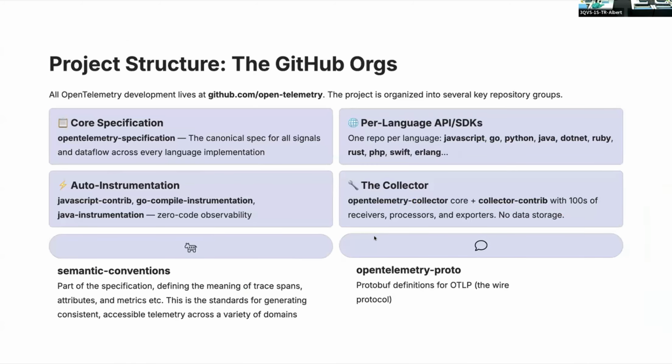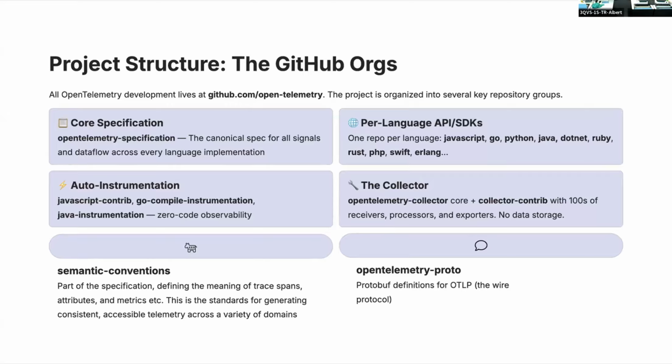So the OpenTelemetry project is also hosted on GitHub, and there's a GitHub org called OpenTelemetry, and a central part of the project is called the specification. It defines the data flow and the semantics of, say, what starting a span does, or what a counter does, across different languages. So the specification is not bound to a single language.